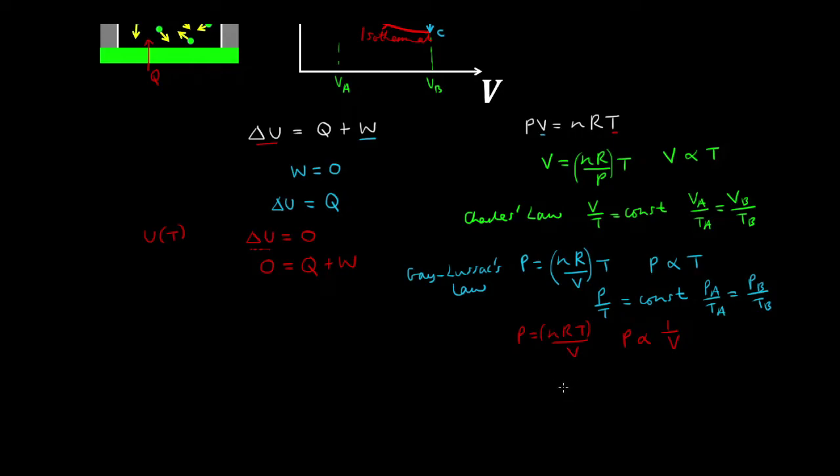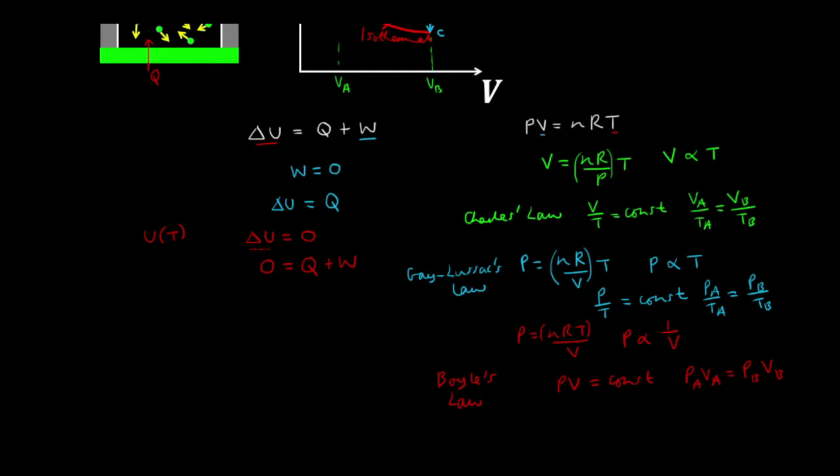Therefore, the pressure multiplied by the volume is constant, which means that the product of the pressure and the volume in state A is equal to the product of the pressure and the volume in state B. So if the temperature is constant, then the internal energy does not change. And this here is known as Boyle's law.